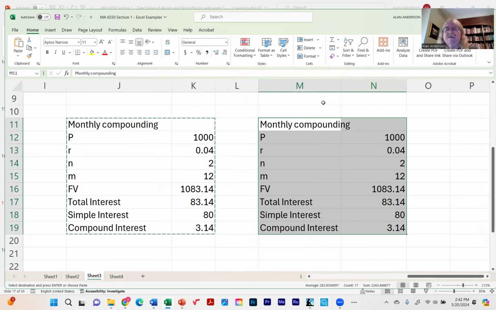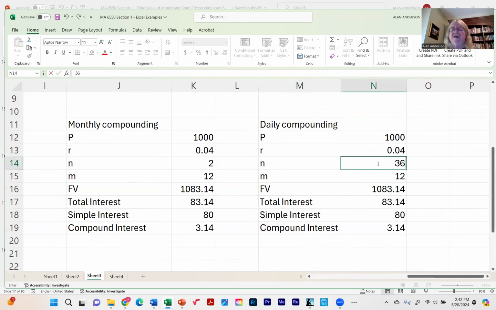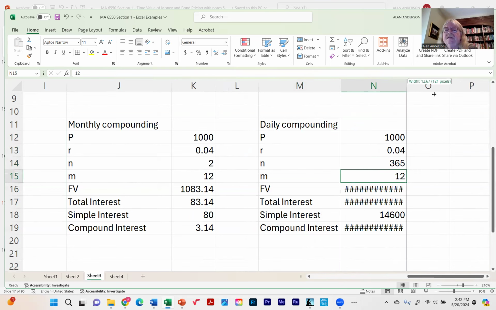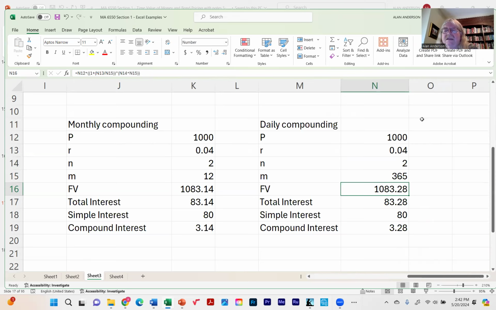Let's do daily compounding. All I have to do is change this to 365. What happened? Oh, I changed the wrong one, of course. That's more like it. All right. So it's 328.